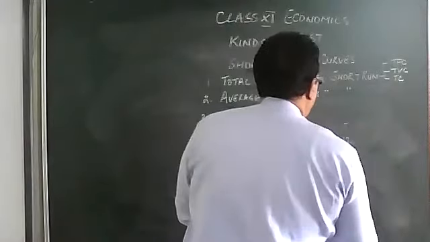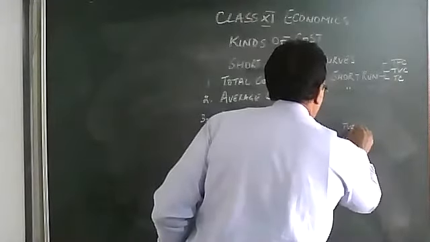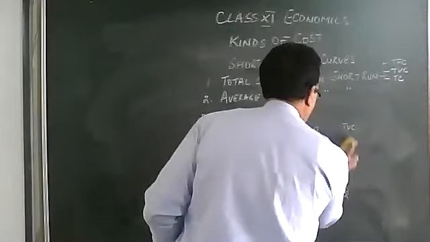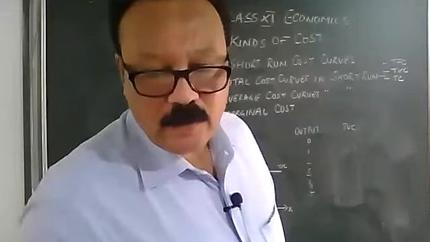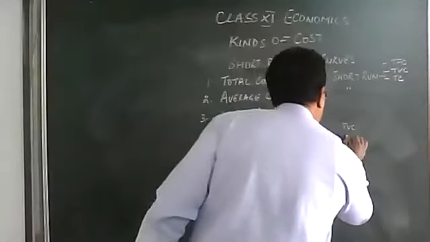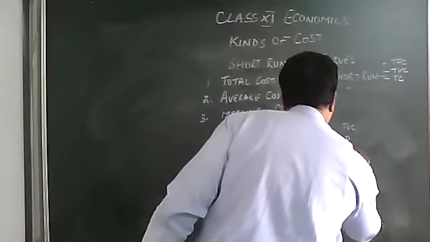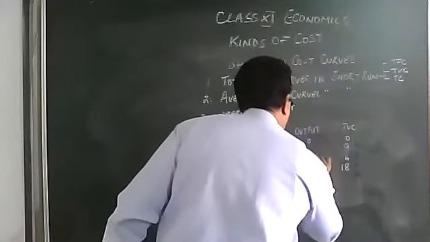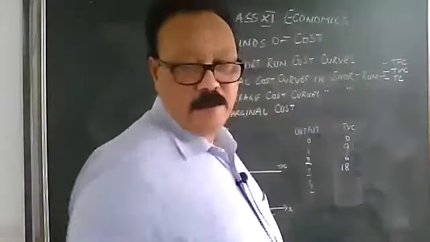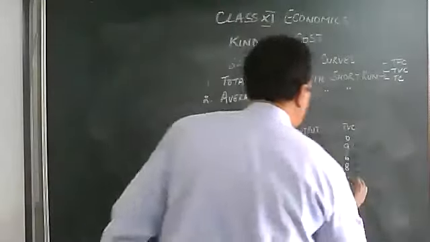So we see here the total variable cost for output 0 to 5: 0, 9, 16, 18, 22, 30.